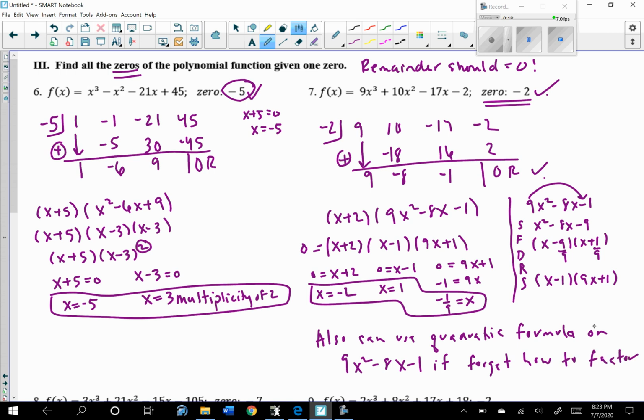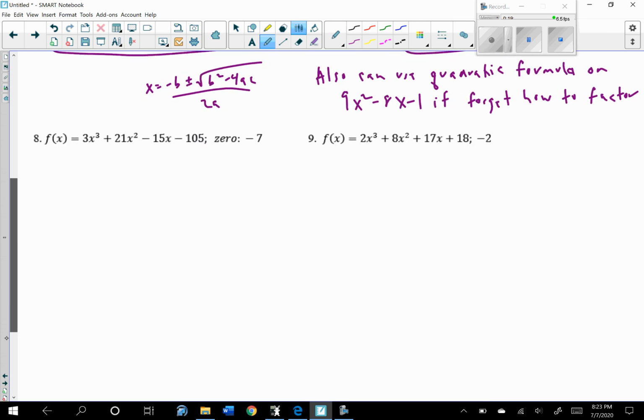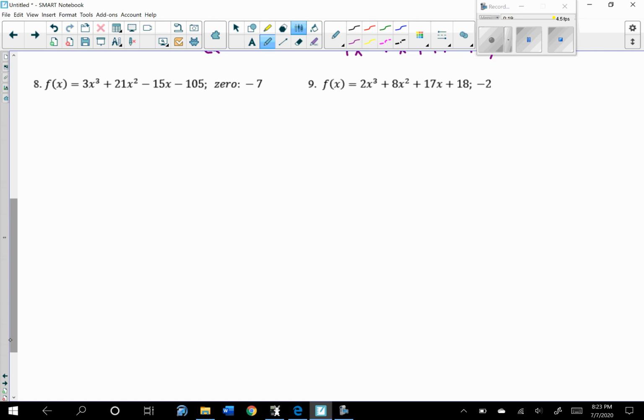So if you forget how to factor, you can always use that quadratic formula. So remember, x equals negative b plus or minus the square root of b squared minus 4ac all over 2a, and you would get the same answers. You would get negative 1/9 and 1 for your solutions. You still have to be able to do that synthetic division to get this part right here to use that quadratic formula though. So go ahead and see if you can do 8 and 9 on your own. When you're finished, you can unpause the video to check your work.